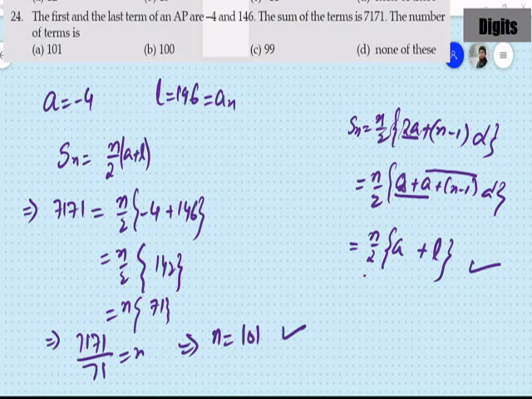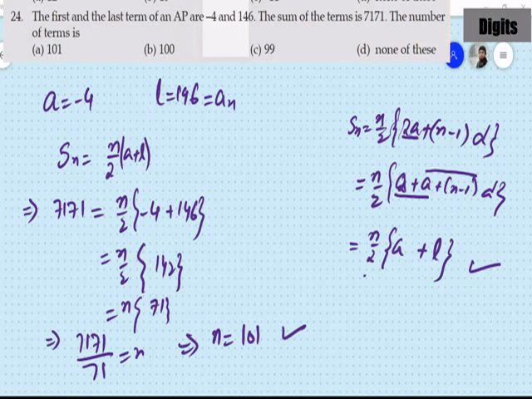It implies that since the sum of n terms is 7171, which is equal to n by 2 into a, which is minus 4, and the last term is 146. This is further equal to 7171 is equal to n by 2 into 142. Now we can divide by this 2, 2 7s are 14 and 2 1s.